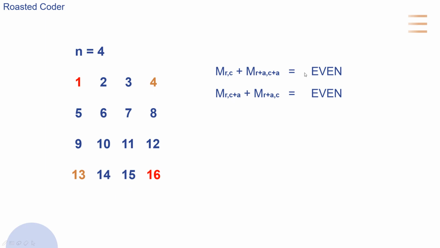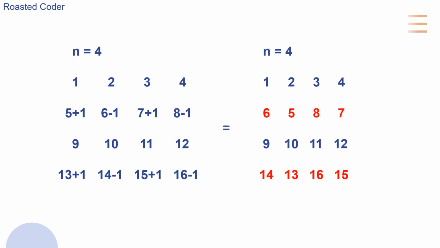We can see that for an odd submatrix in an even matrix, it's satisfying conditions, that is 11 plus 1 is even and 3 plus 9 is even. So we have to make changes in alternate rows. Now how can we do this? We can simply add 1 to the odd column elements of an even row and subtract 1 from the even column elements of an even row.